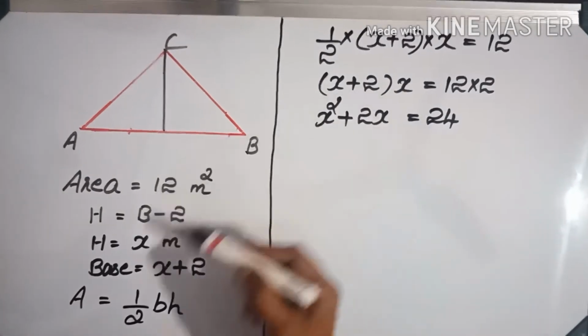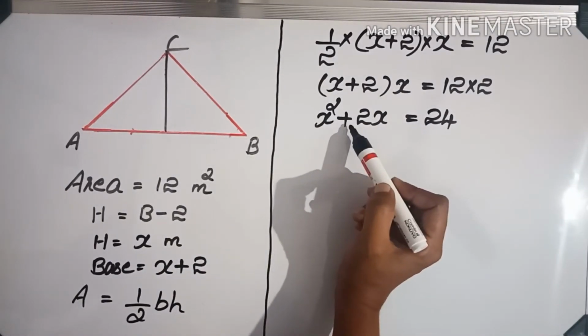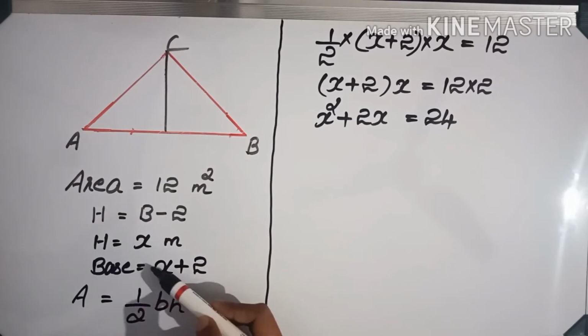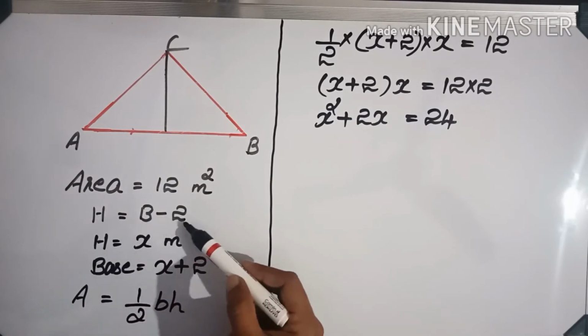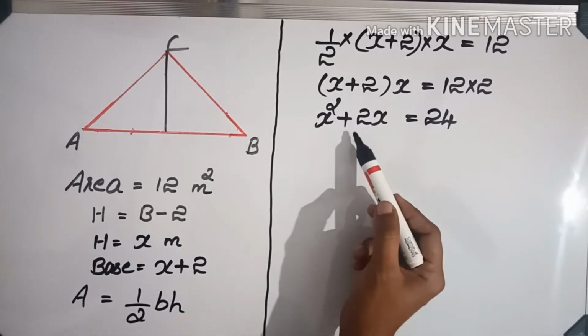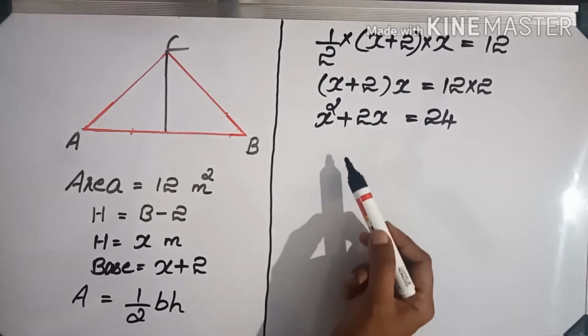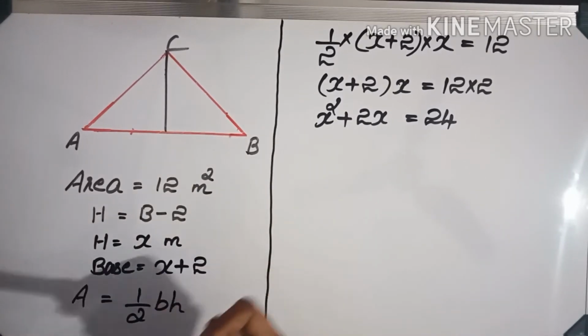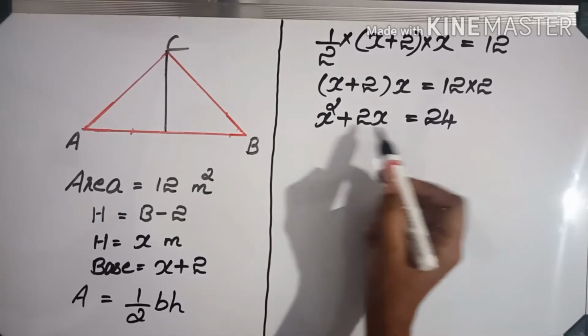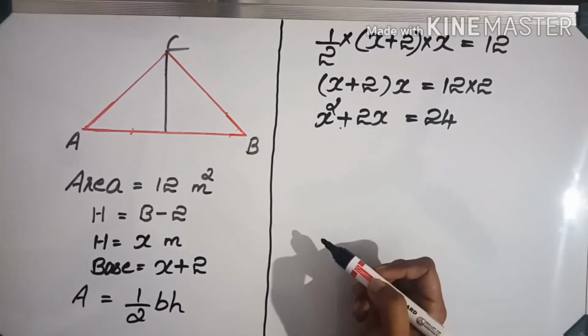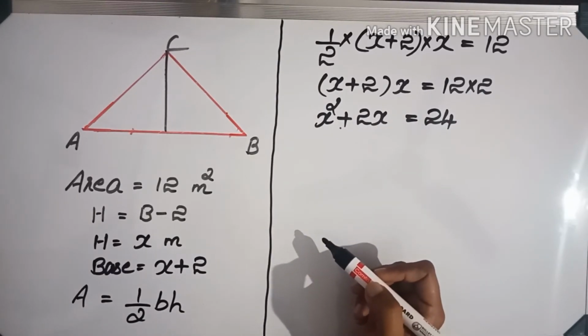Okay, now check here, plus sign we got. But if we consider base as x, height will be what? x minus 2. Then here it will be x minus 2. Then here also we will get minus sign. That's why I consider height as x. Okay. Now x square plus 2x equal to 24 we got. Now in order to apply the square completion method, what was the method?